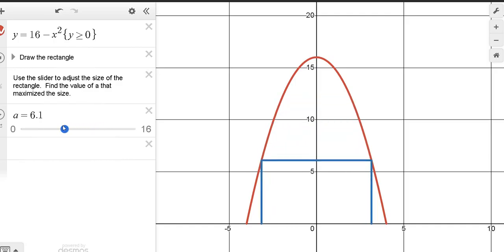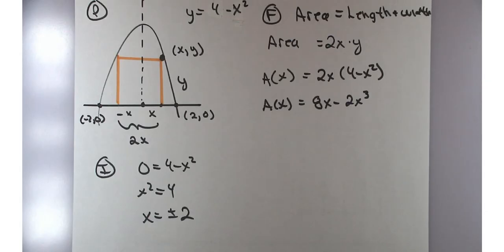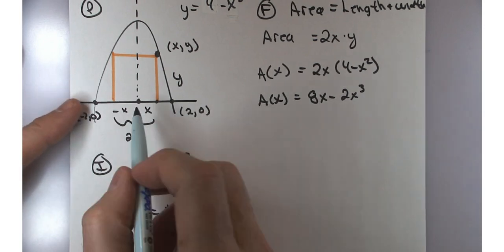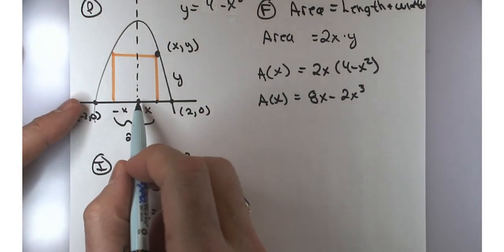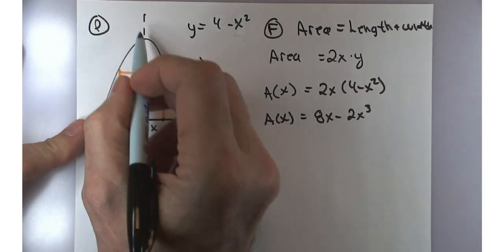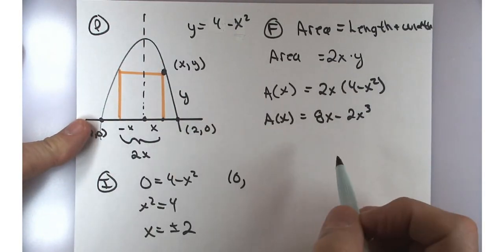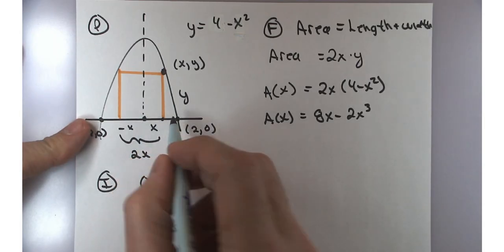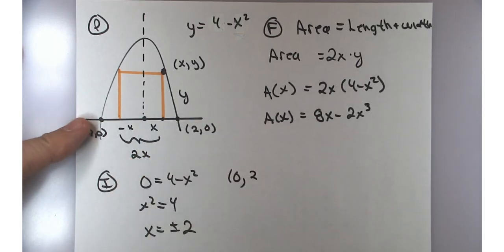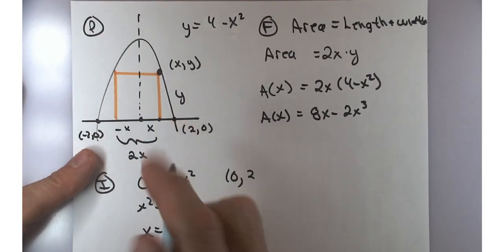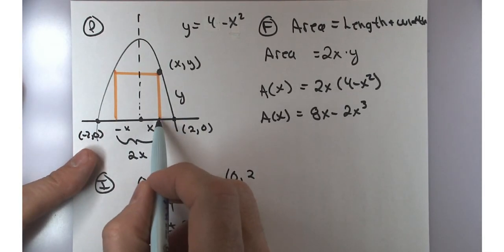So let's figure out which one works. Now we haven't figured out our interval yet. Well, we can't let x be 0 because then we'd have something that's just really tall with no width. On the other hand, we can go all the way out to 2, but does it make sense for x to equal 2? Can we actually have a rectangle if I take this point all the way out to 2?